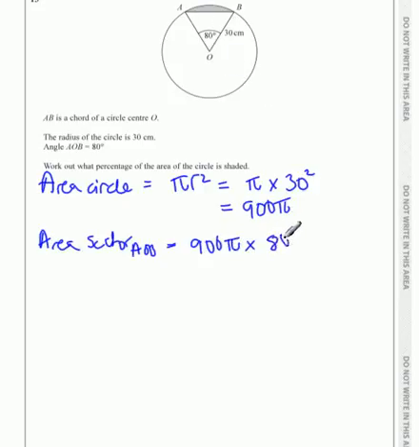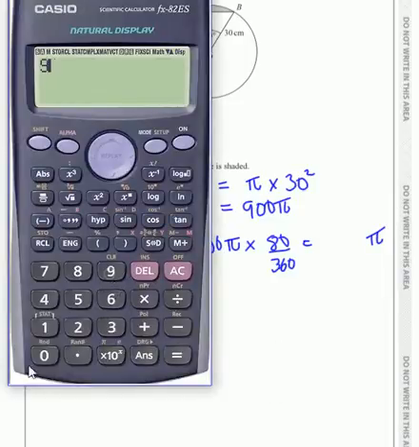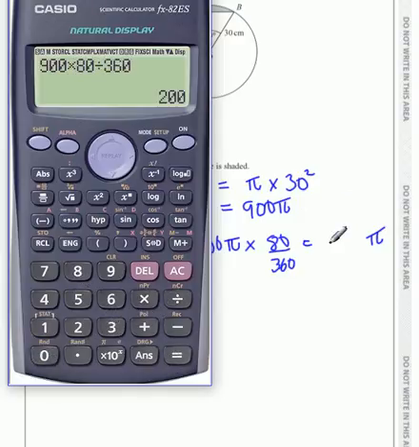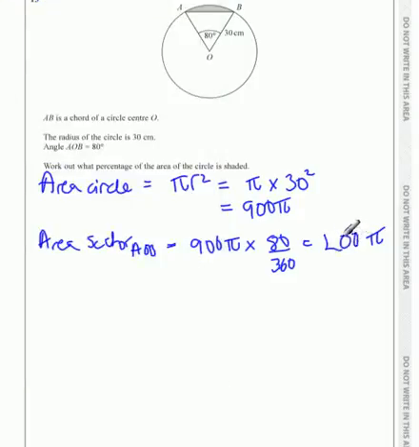So that is our 80 degrees out of 360. Again, leaving our answer in terms of pi, we can do 900 times by 80 divided by 360. So that gives us 200 pi for the area of the sector there.